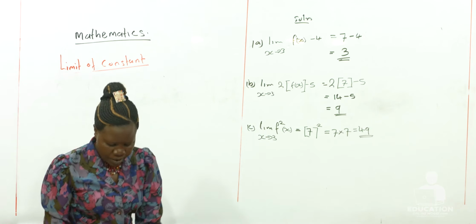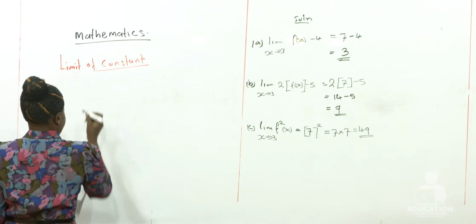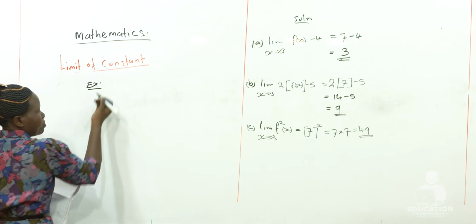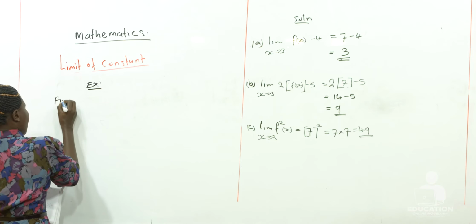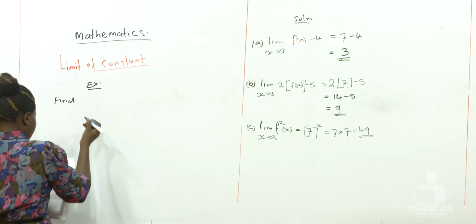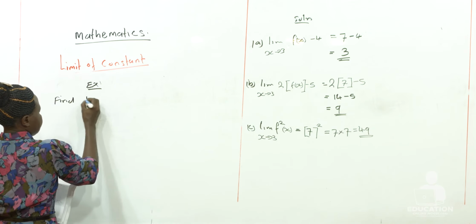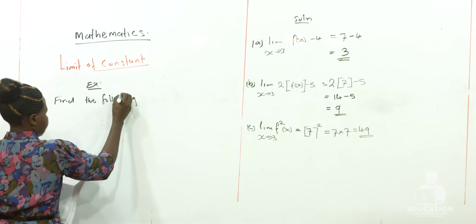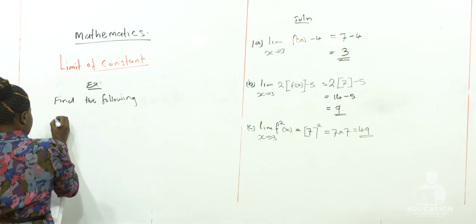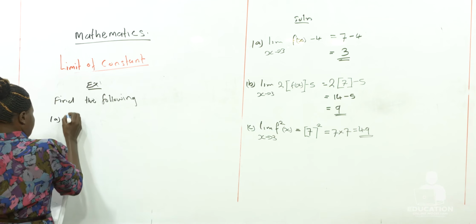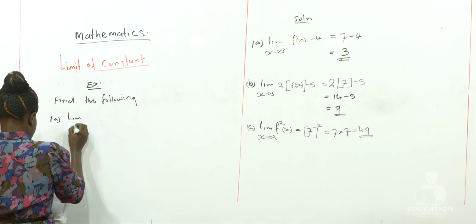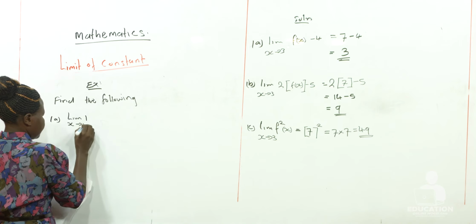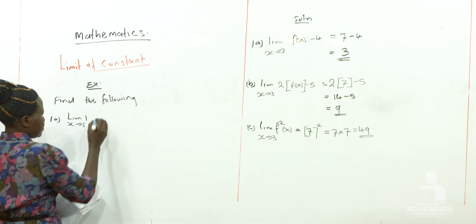Find the following. A: the limit of 1 when x is approaching 5.